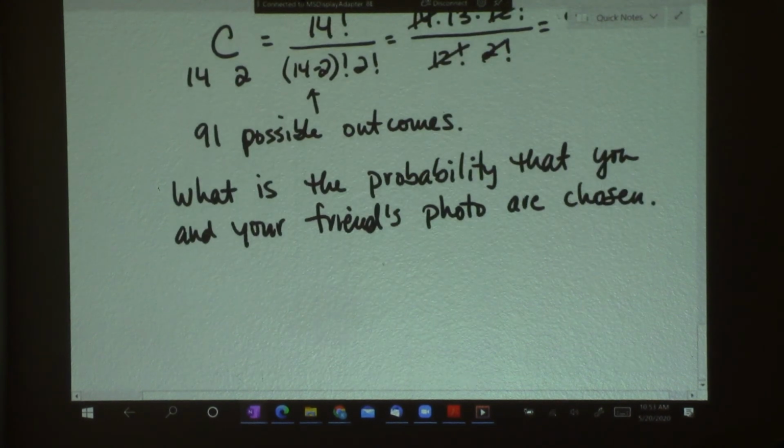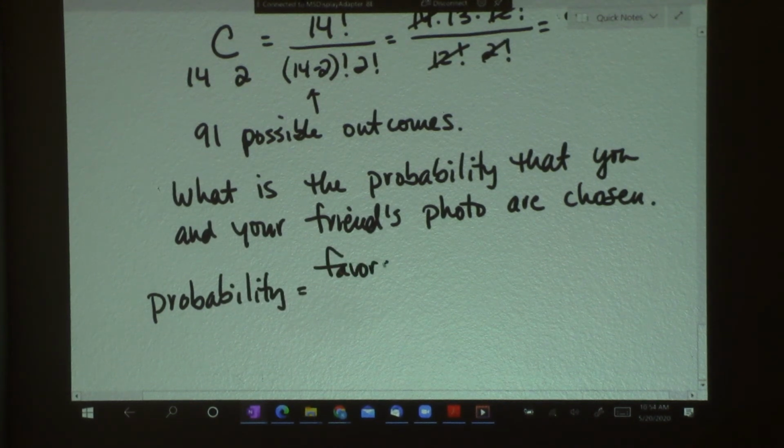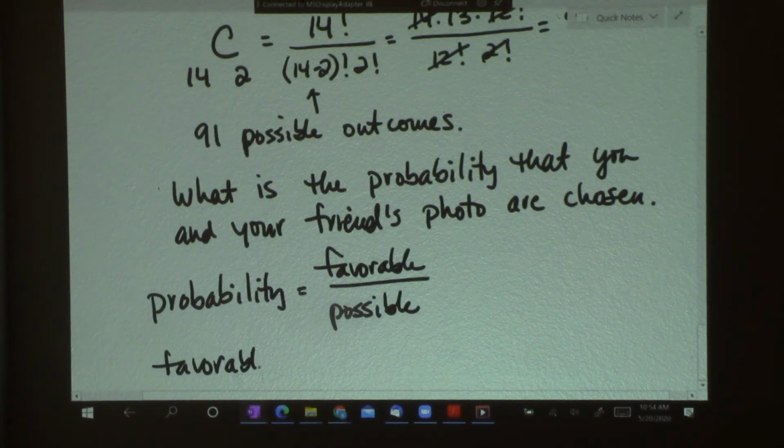Okay, so let's go back to this. So you've got 14 photos of different people. So remember, probability is favorable out of possible outcomes, right? So what's favorable? Favorable would be picking you and a friend.